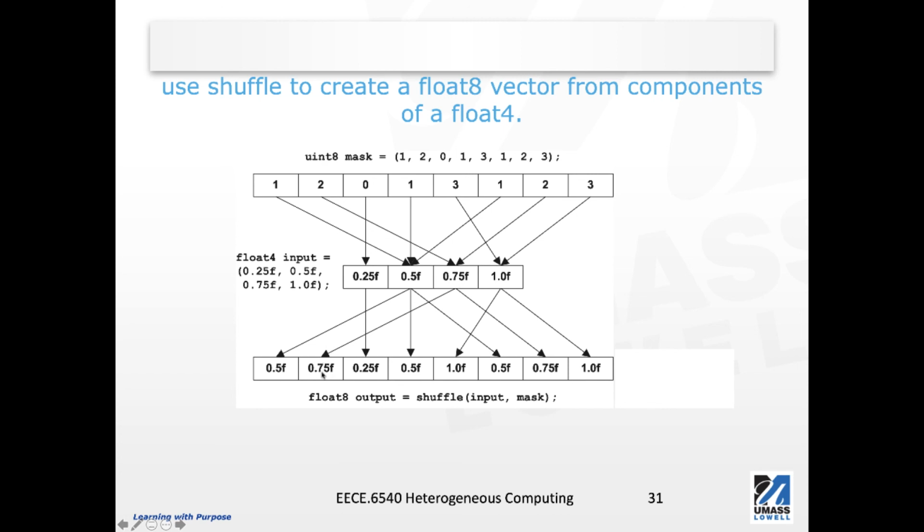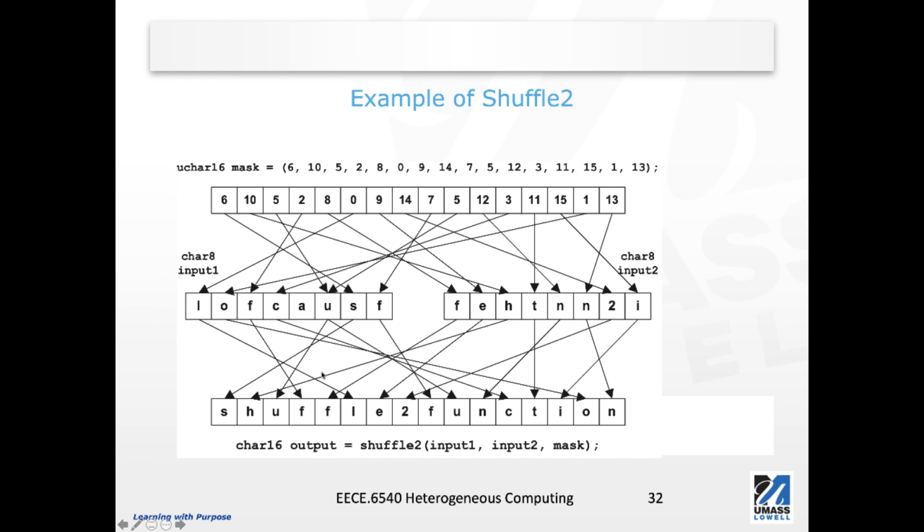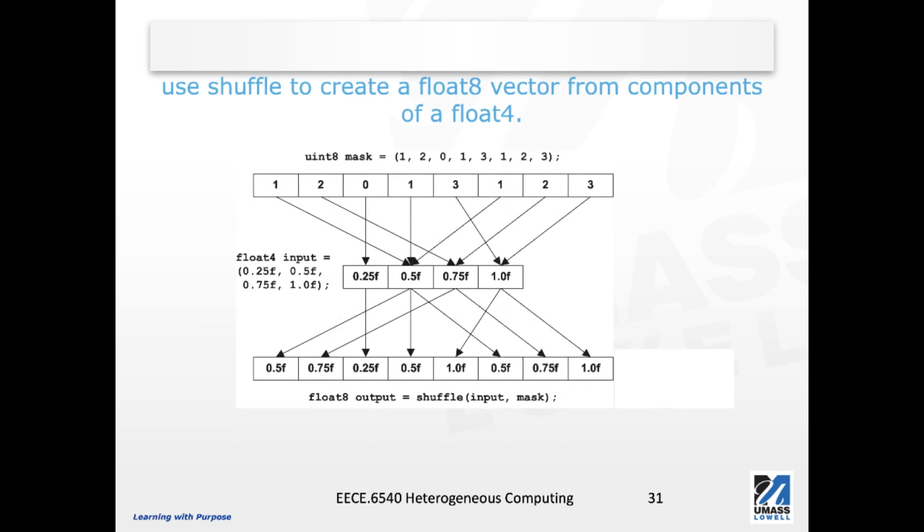We do this all the way to the very last element in the mask vector, which has a value of 3. This 3 is used to find the very last element in the input vector and use that value to build the very last location in the output vector.